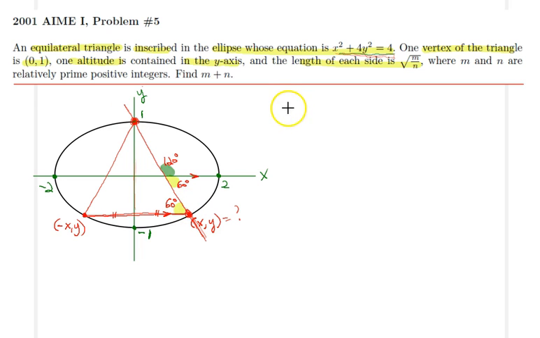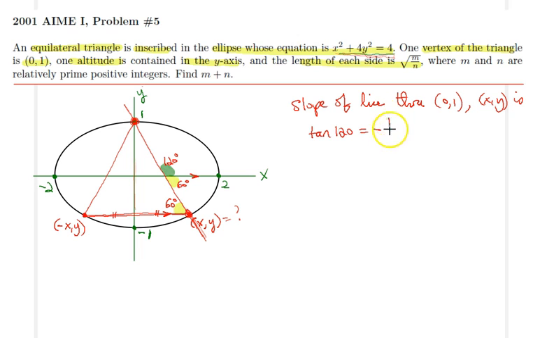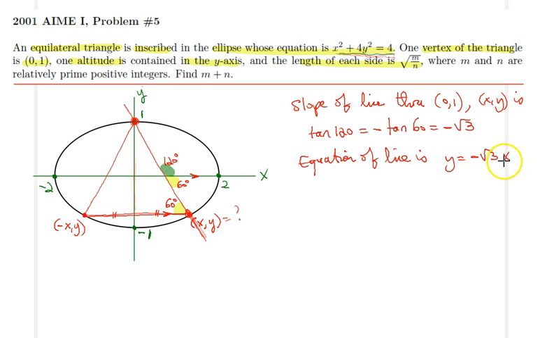Therefore, the slope of the line through (0, 1) and (x, y) is tangent 120, which is simply minus tangent 60. Therefore, it is minus √3. Therefore, the equation of the line is y equals minus √3 x plus 1, because it is shifted up by 1 from the origin.